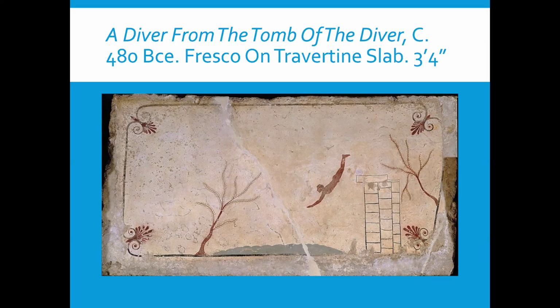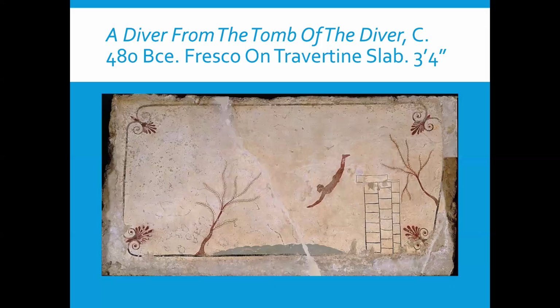This is referred to as the Tomb of the Diver, because of this fresco showing someone diving into this blob of water. It's symbolic of a transitionary space again, right?